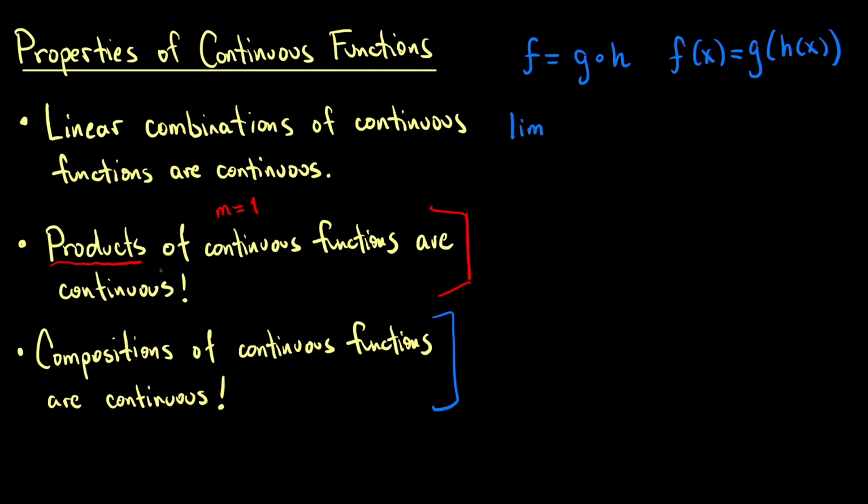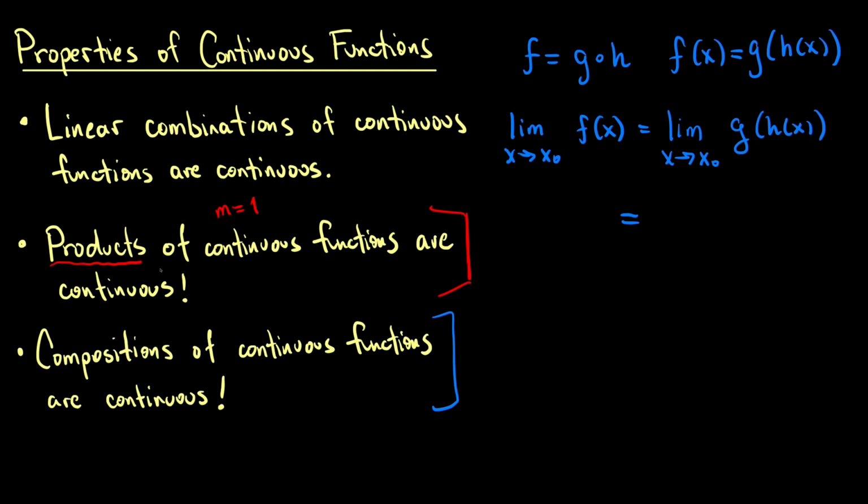Okay, then I want to look at the limit as x goes to x naught of f of x. This is the limit as x goes to x naught of g of h of x. Now I'm going to use the fact that both are continuous.